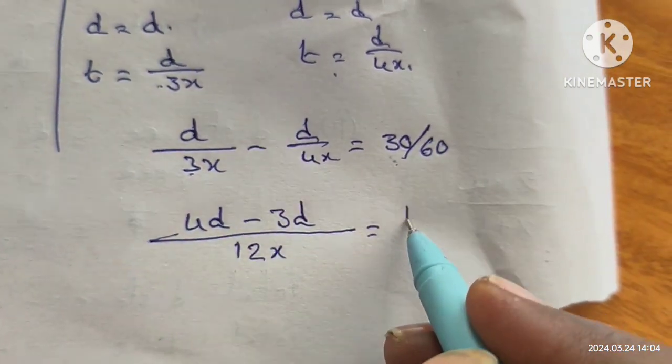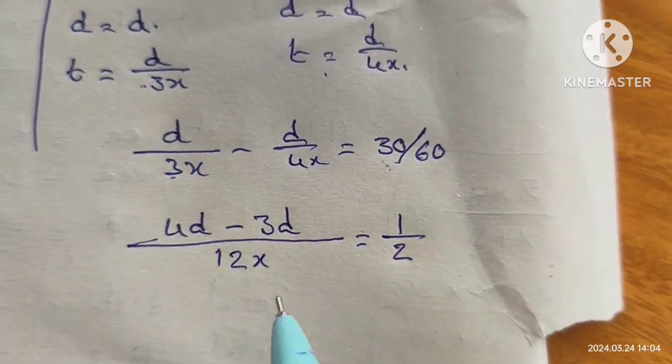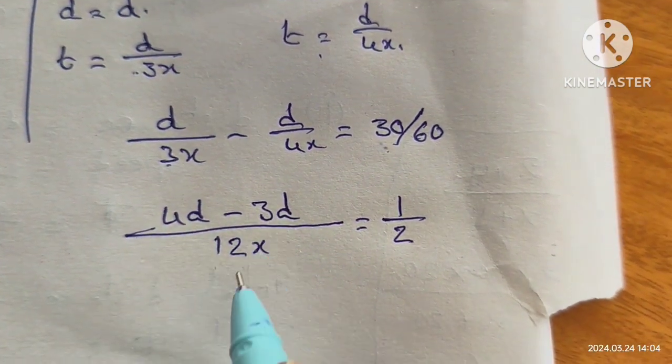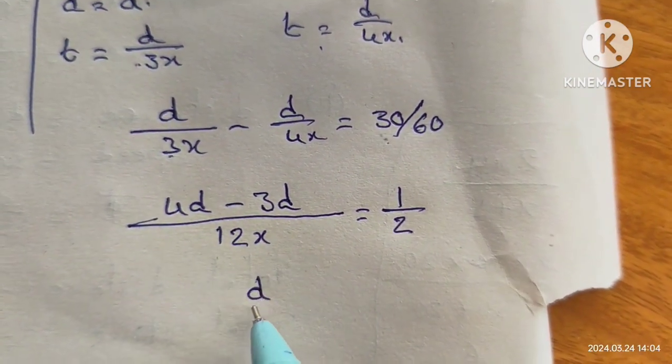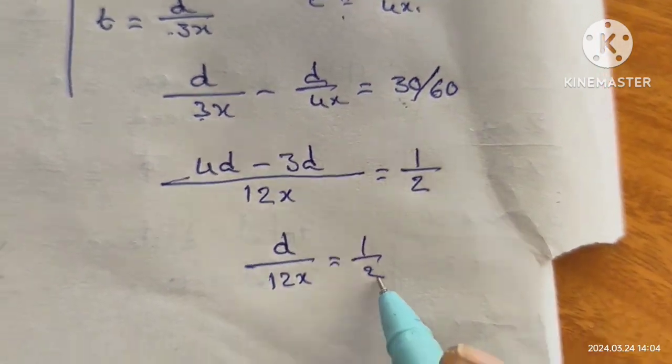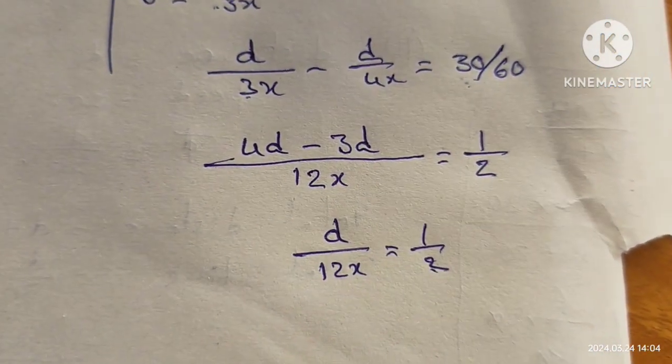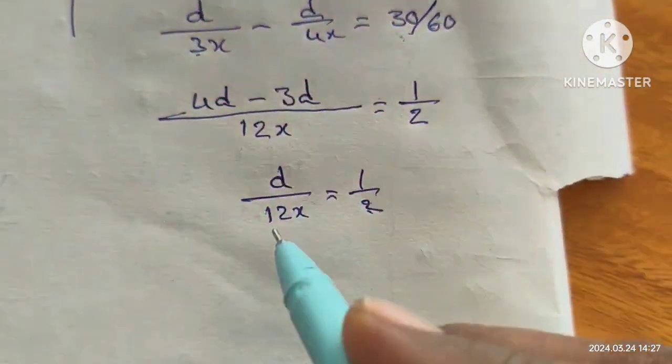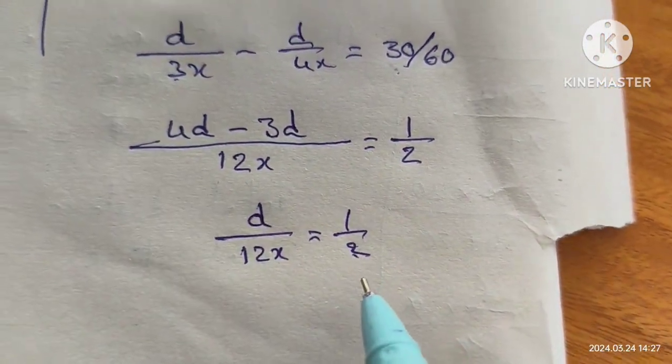So it is equal to 30 by 60, means 1 by 2. Then 4D minus 3D is D. D by 12x equals 1 by 2.